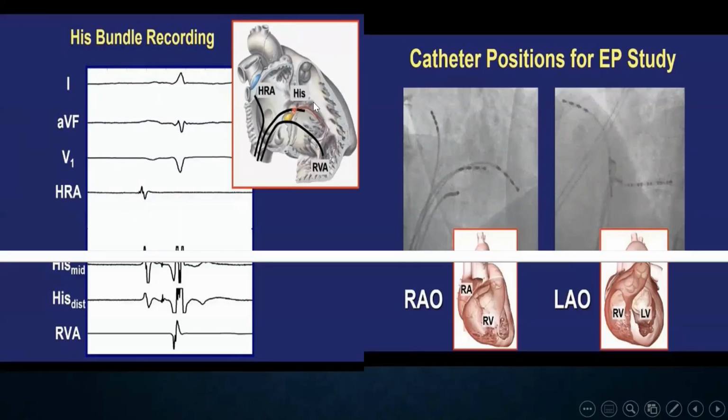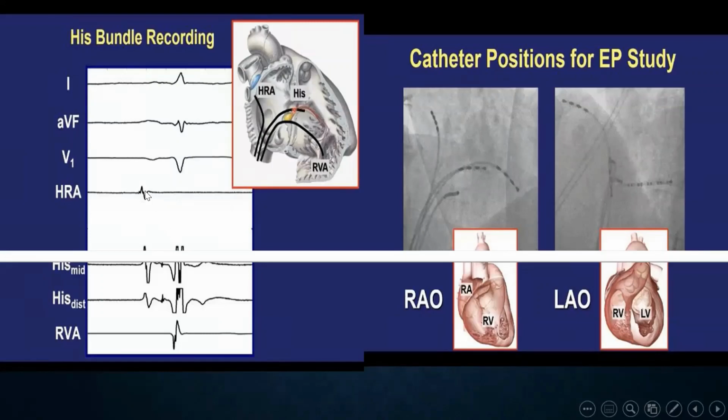Okay. What about the His? After the conduction of this beat, it is conducted to the AV node and then the His. This beat is the A. If you trace it, it is the A. Then there is a spike. This spike is the His potential. After the His, it conducts down to the ventricle.